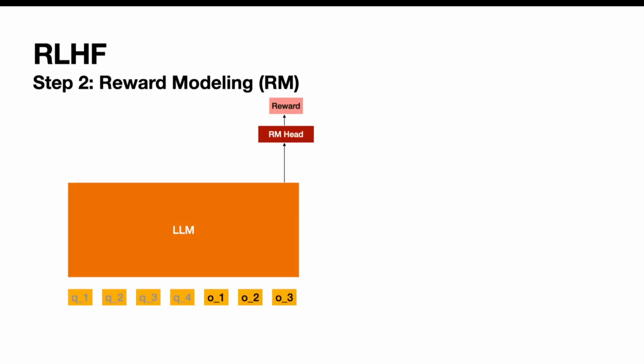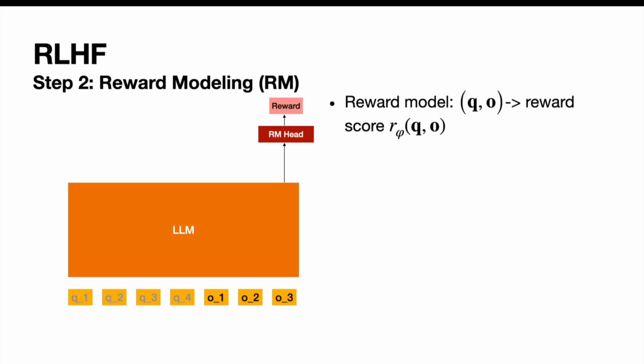Now let's see how we train the reward model using the preference data we collected. The reward model takes a prompt Q and an answer O and outputs a single scalar reward score. Intuitively, a better answer should receive a higher reward score.